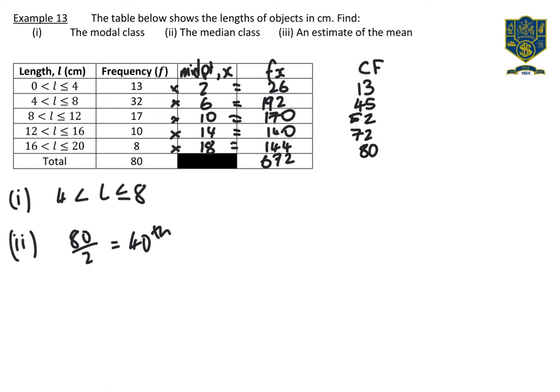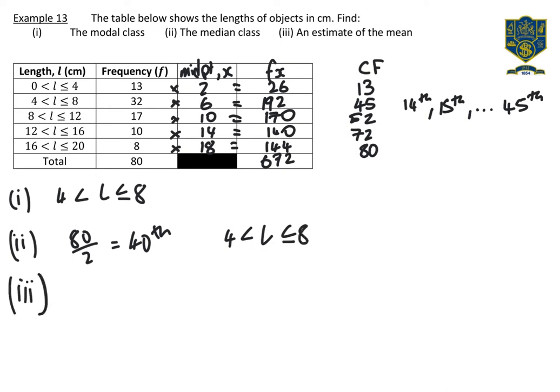So if we're looking for the 40th term, the second group has the 14th, the 15th, and all the way up to the 45th. So the group which will have the 40th term is 4 less than x, less than or equal to 8.